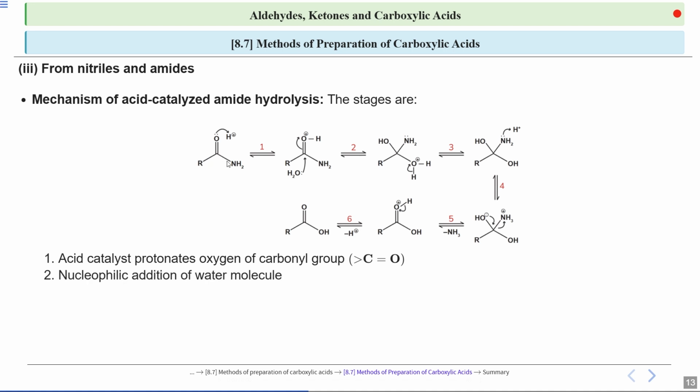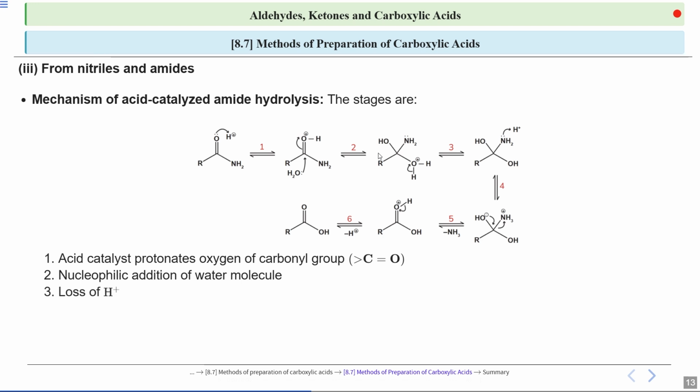In the next step, we have the nucleophilic addition of the water molecule. The water molecule, acting as a nucleophile, attacks the electrophilic carbon atom of the carbonyl group. When this oxygen with its lone pair attacks the electrophilic carbon, it introduces a hydroxyl group into the structure.